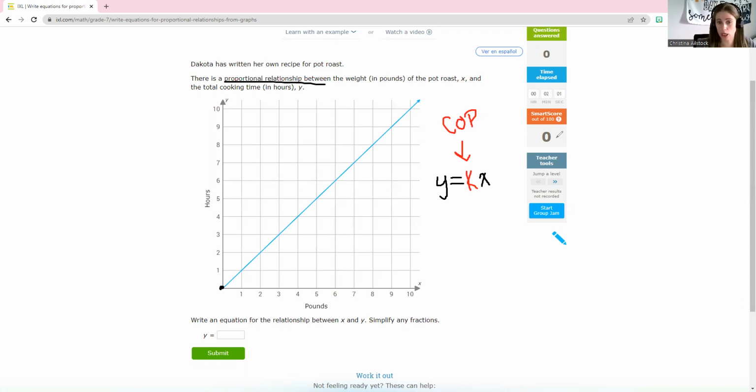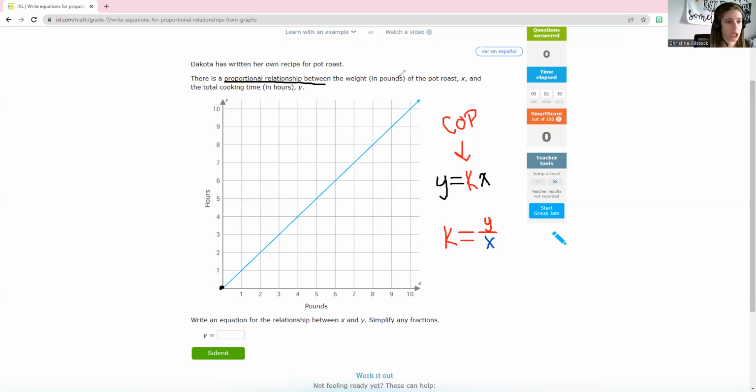When we're finding our constant of proportionality, that k value, we can find that by identifying the relationship between our X and our Y values. So we discover that it should be how much our Y value increases by over how much our X value increases by.